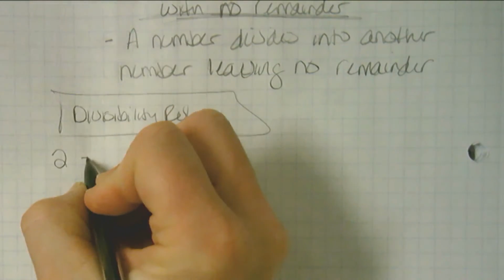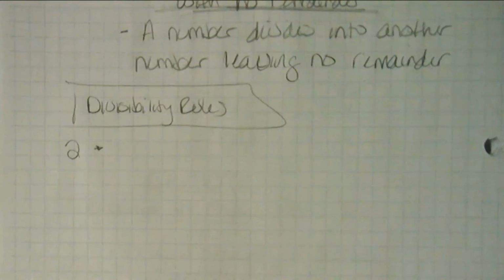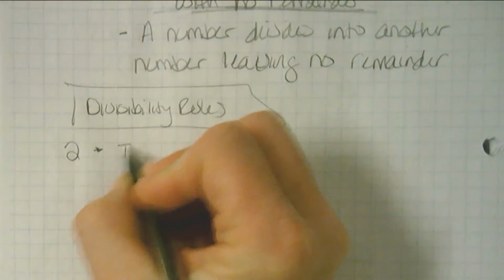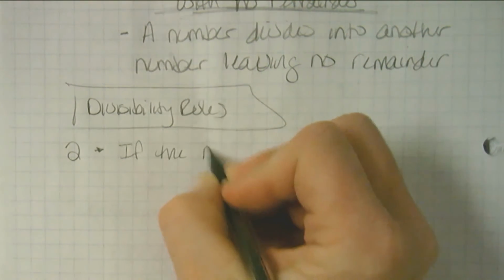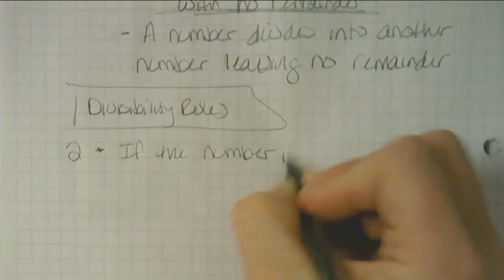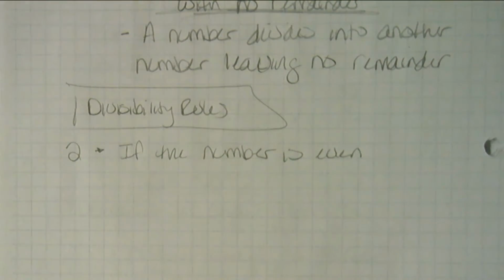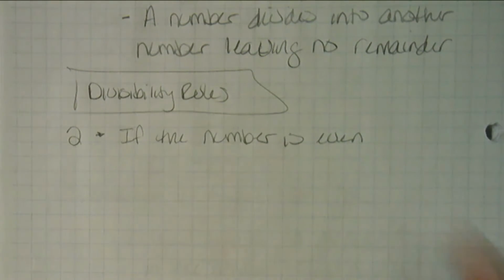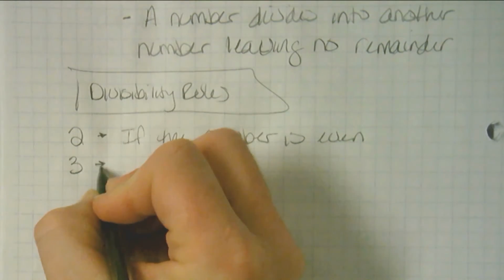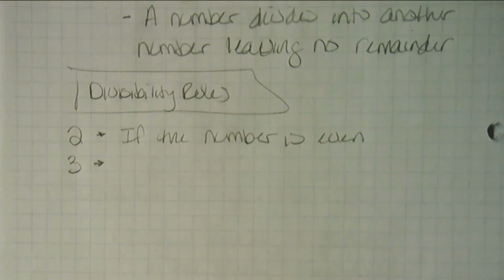Let's do 2. How do we know if a number is divisible by 2? Jack? If the last digit is even. If the number is even. All right. How about 3? How do we know if a number is divisible by 3?